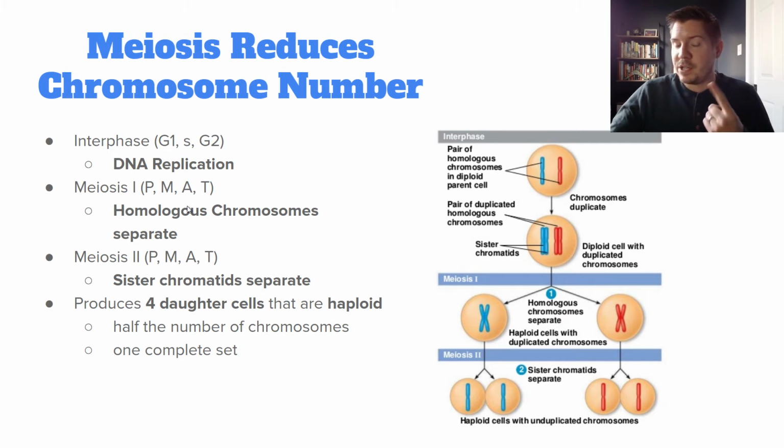In meiosis 1, the homologous chromosomes separate, whereas in meiosis 2, the sister chromatids separate. And we'll go over that distinction a bit more. This produces 4 daughter cells that are haploid instead of 2 diploid daughter cells like mitosis did. So you get half the number of chromosomes, but you do have one full set. Like you have a copy of chromosome 1, a copy of chromosome 2, a copy of chromosome 3, and so on, but you only have one copy of each instead of 2.